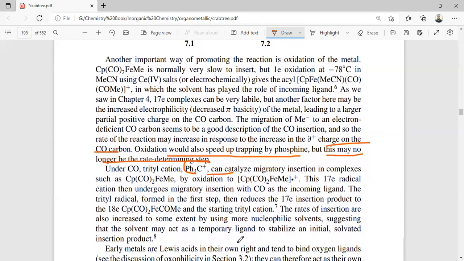The rate of insertion is also increased to some extent by using a more nucleophilic solvent, suggesting that a solvent may act as a temporary ligand to stabilize the initial solvated insertion product.